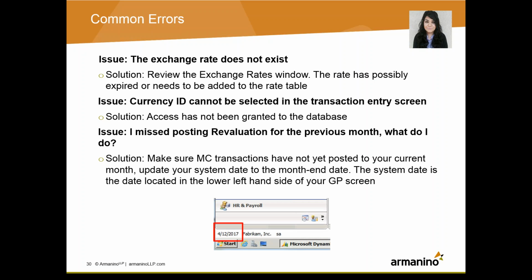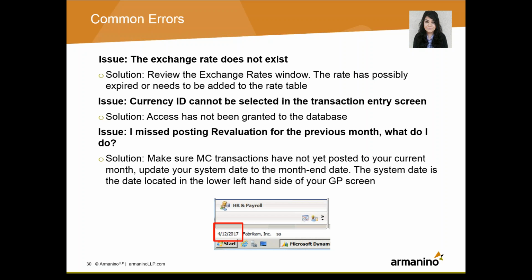If you click on the system date and trick it to be the month end date, you can go ahead and continue your revaluation process. Just remember that you have to update that user date once you're done with the process. And it will default, the month end date will default across revaluation. So that's one way to trick the system.